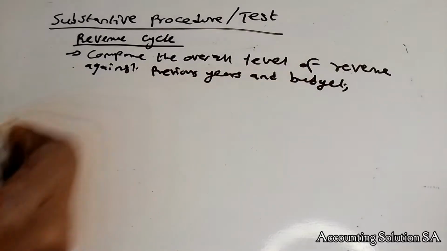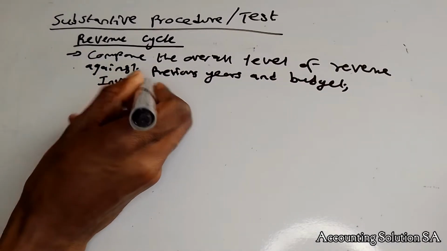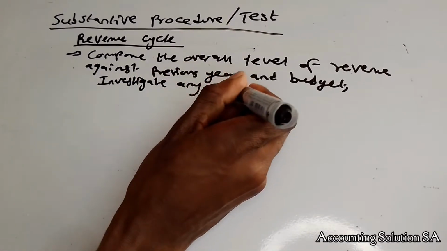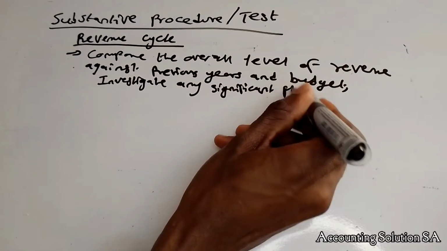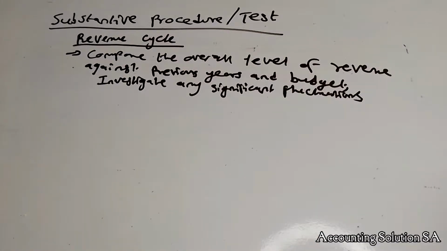Then after you have done that, you have to investigate any significant fluctuations. Let me explain this point. In other words, what we have to do is take the revenue for the current year and the revenue for the previous year.